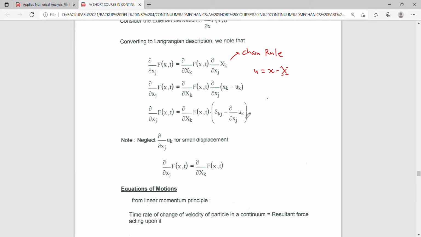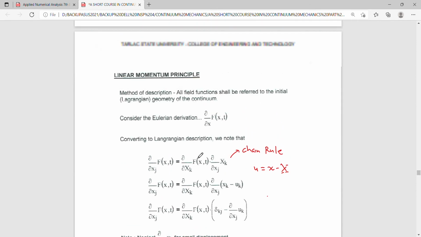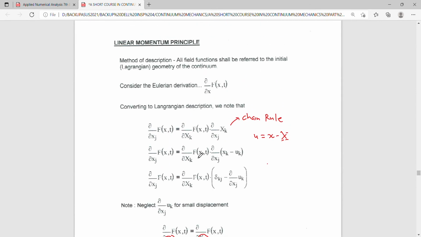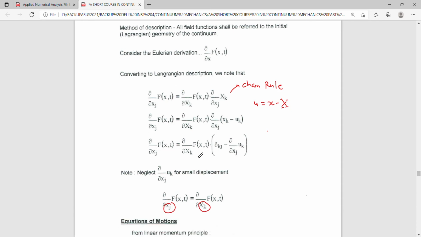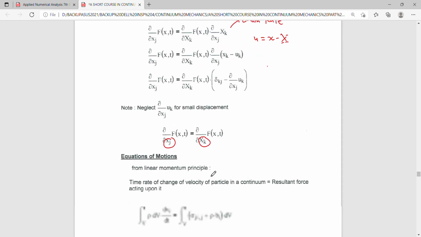If you take the gradient of a very small value, then that value vanishes, and we can say that the Lagrangian description for any field of motion is simply equivalent to the Eulerian description. So this just proves to us that linear momentum principle can actually be simplified with this assumption.